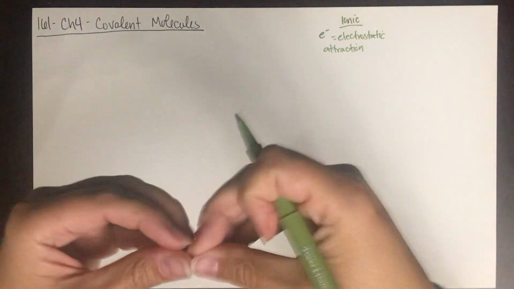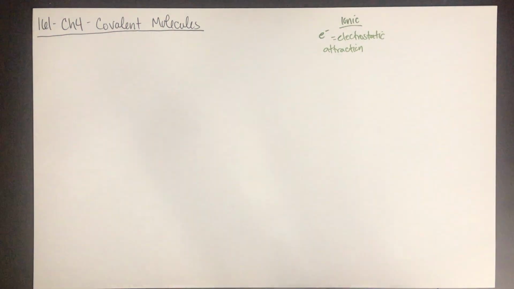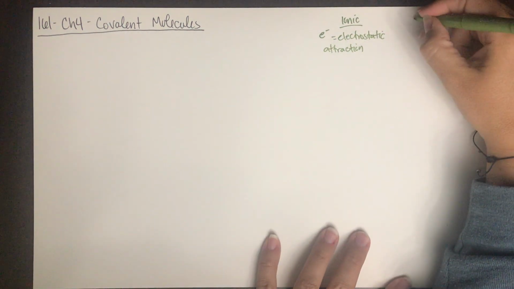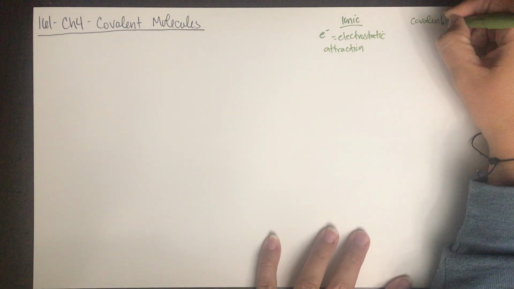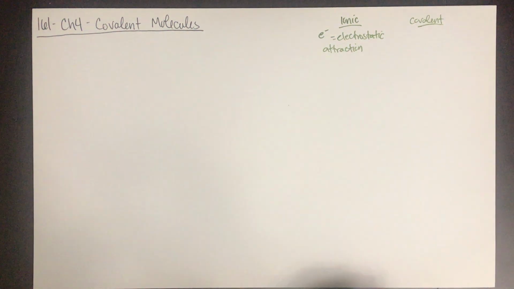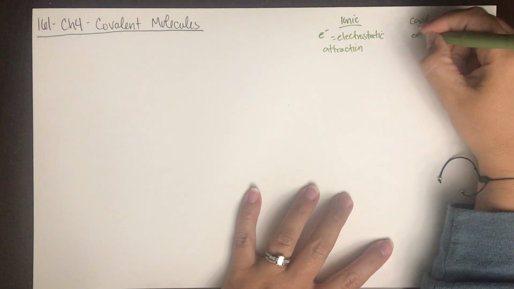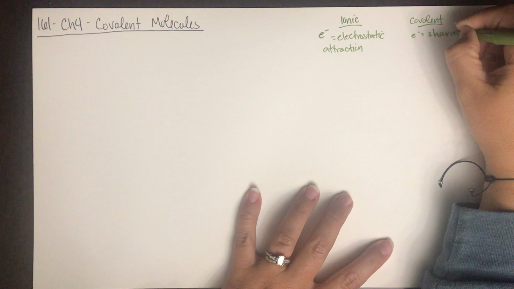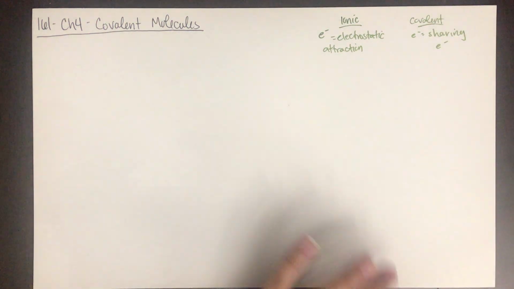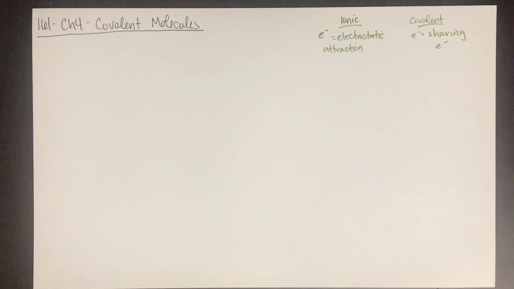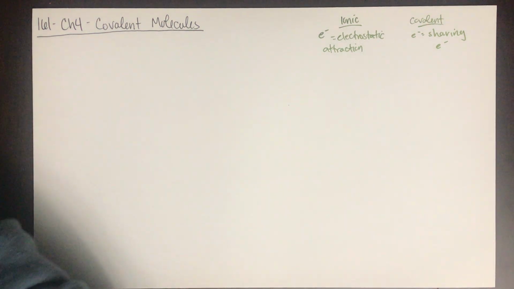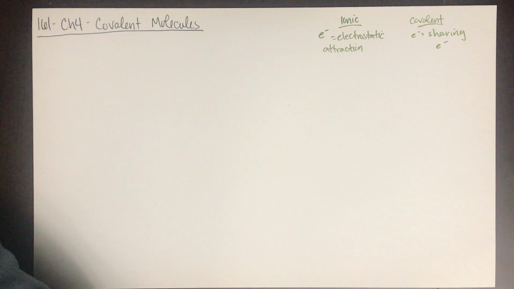Positive and negative are attracting to each other to form that ionic bond. In a covalent molecule, which is what we're switching gears to now, we are sharing electrons.